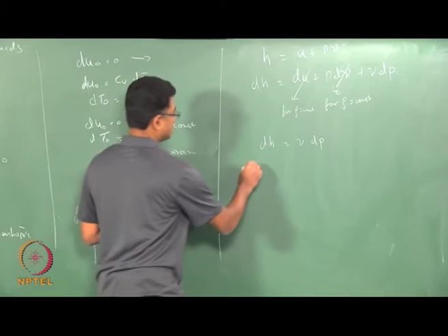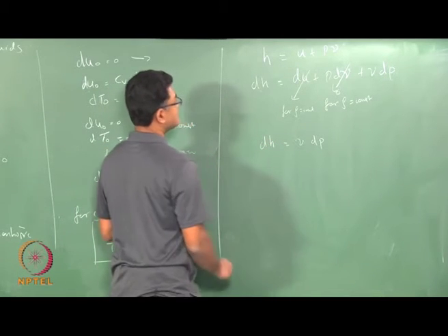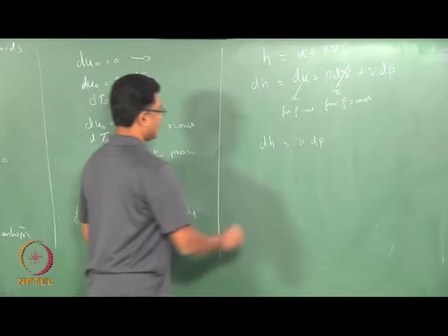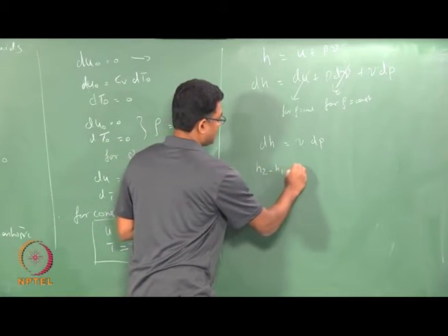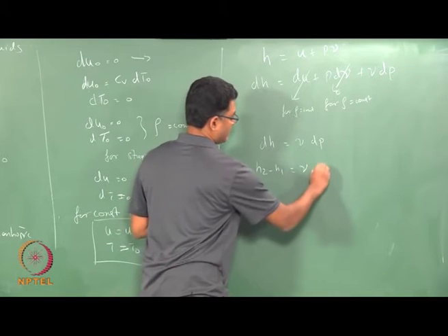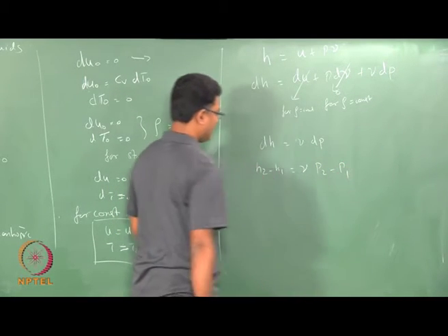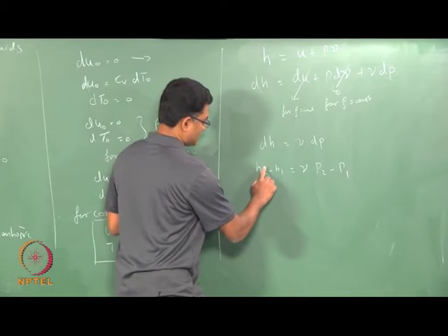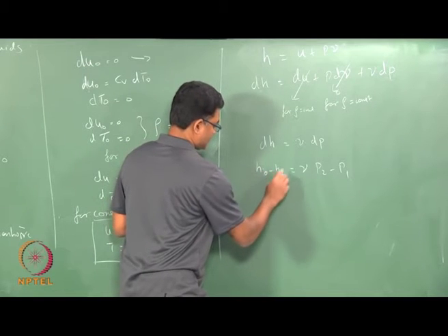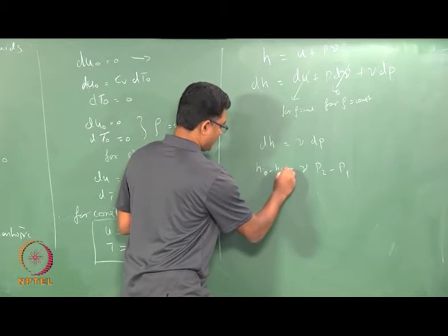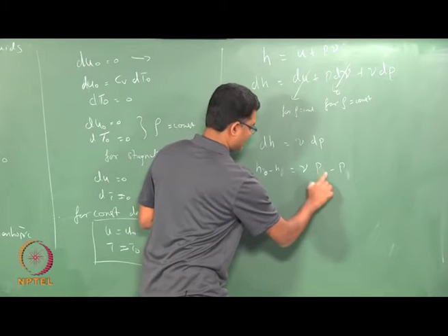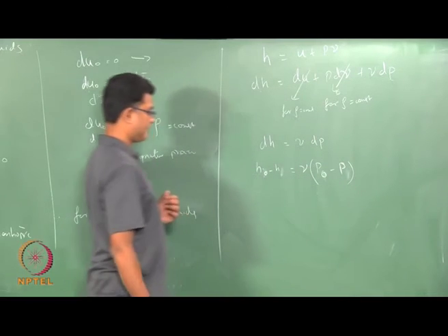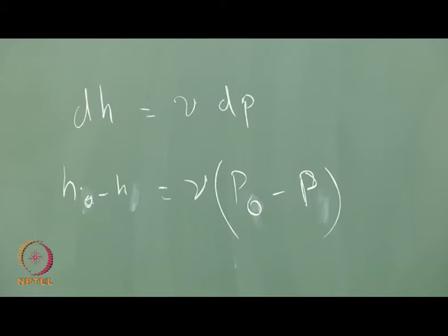So, H2 minus H1 equals v into P2 minus P1. For the stagnation process, my 2 is 0 and 1 has no suffix. So, P0 and P. Okay.